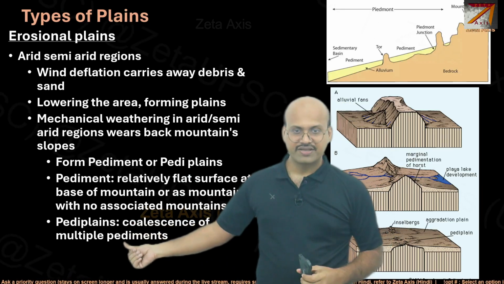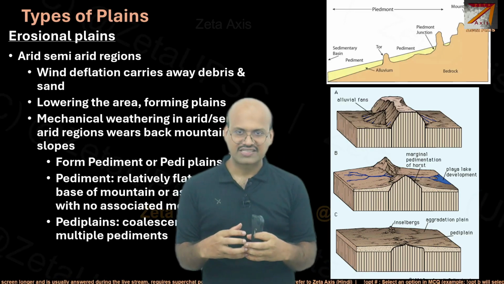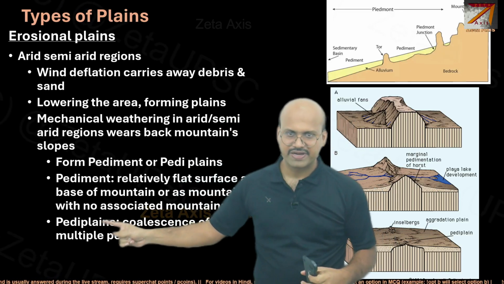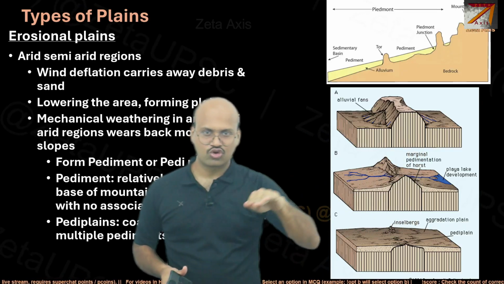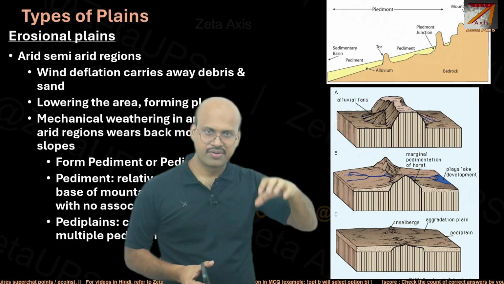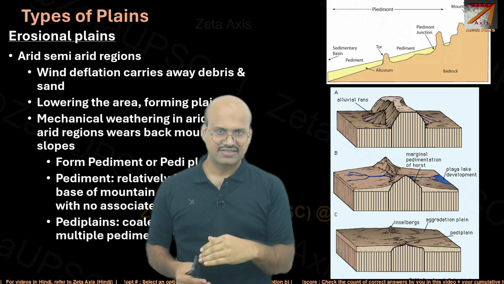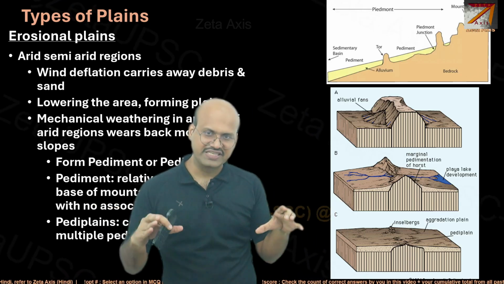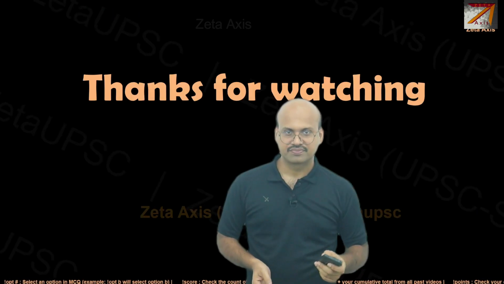Coalescence of multiple pediments. So it is basically coming together of a large number of pediments that creates the pediplains. So remember, pediments are gentle sloping regions at the foot of the mountain, while pediplains are a collection of a large number of these pediments which are combined together over time.